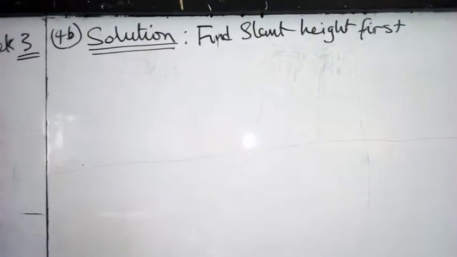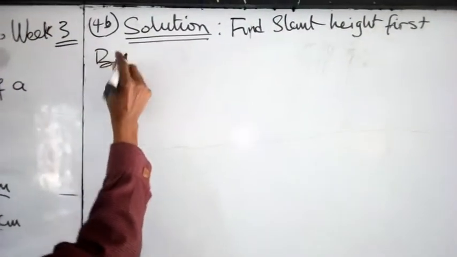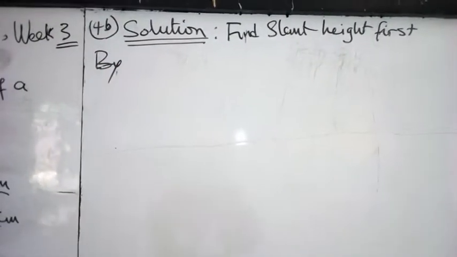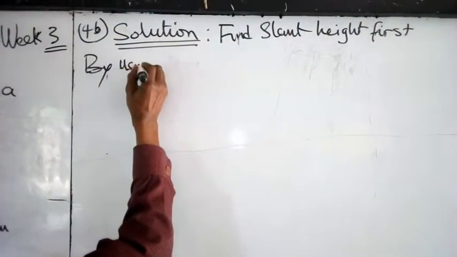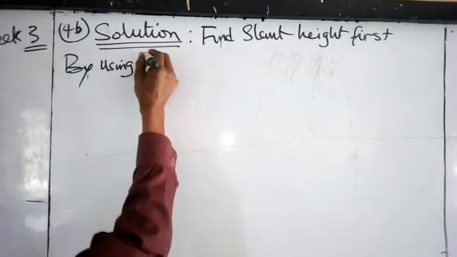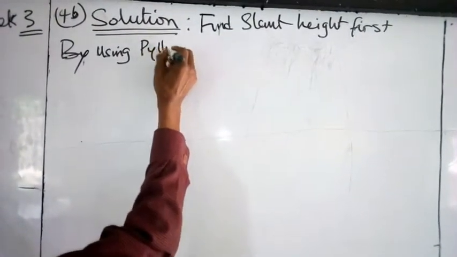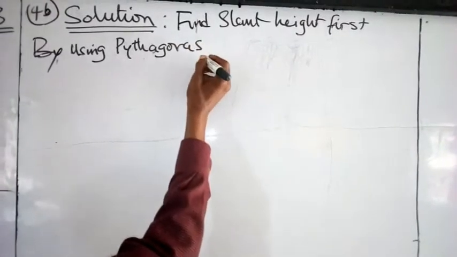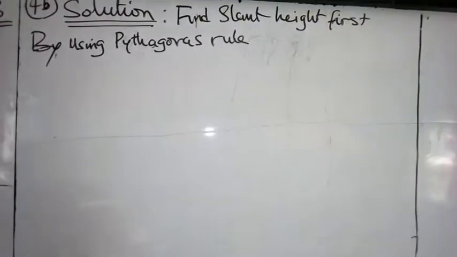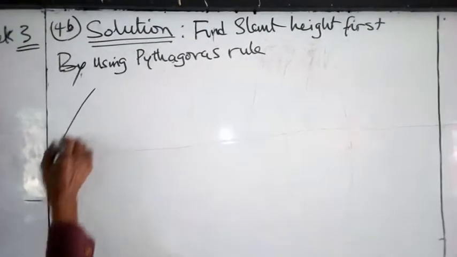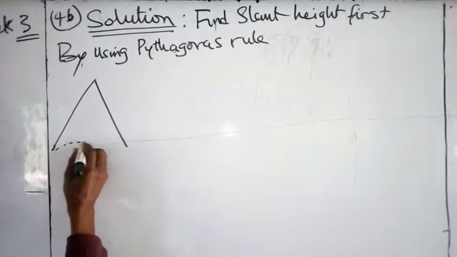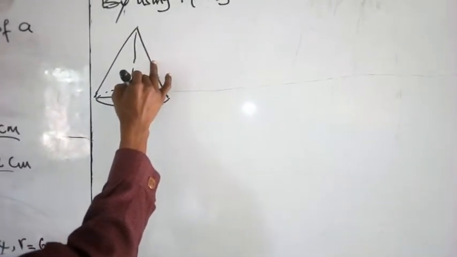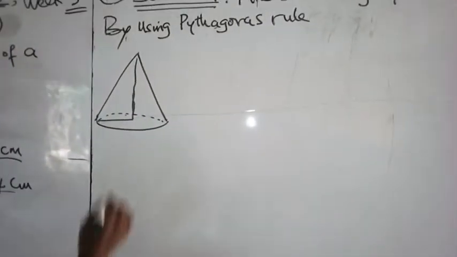So by Pythagoras, we are going to find slant height by Pythagoras, which you were taught already. So look at the cone here.